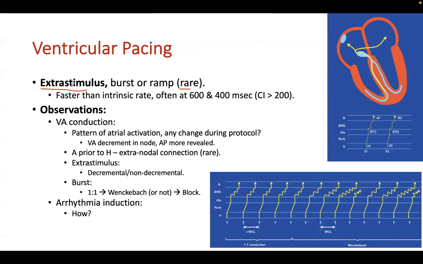We pace with extra stimulus pacing, and then we have to observe, obviously. So what should you look for during ventricular pacing? You want to note your VA conduction. There is usually a specific atrial activation pattern during the drive and your extra stimulus, and that pattern is typically the same.